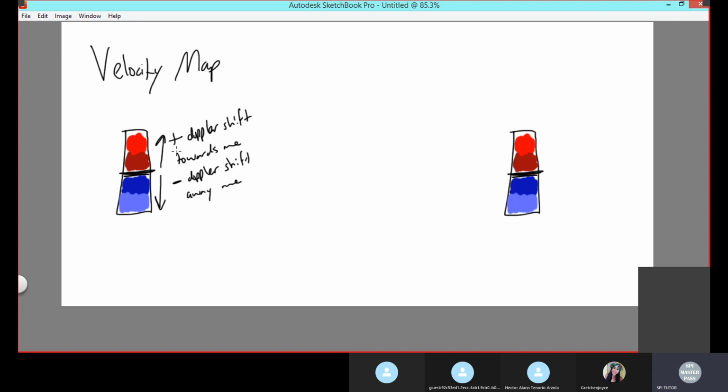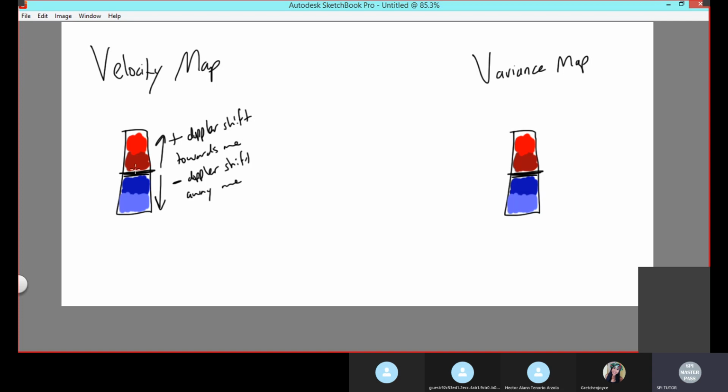So your velocity map just gives you velocities, which is your speed plus your direction. Nothing else. Over here on the right, you have what they call a variance map. A variance map has a bit more information.